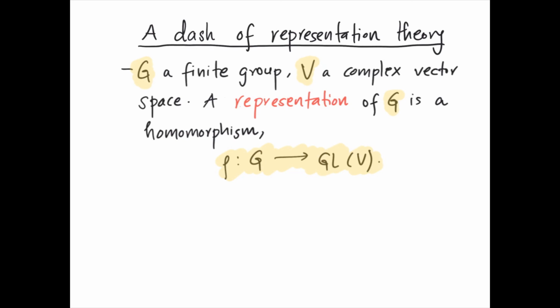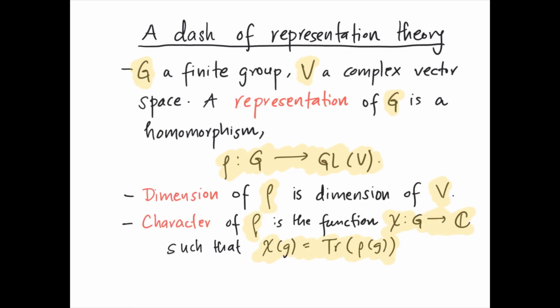A representation of G is a homomorphism from G to the general linear group of V. And heuristically, what you should think about is that a representation is capturing the information of a group acting on a vector space. The action of G on the vector space is what the representation is.